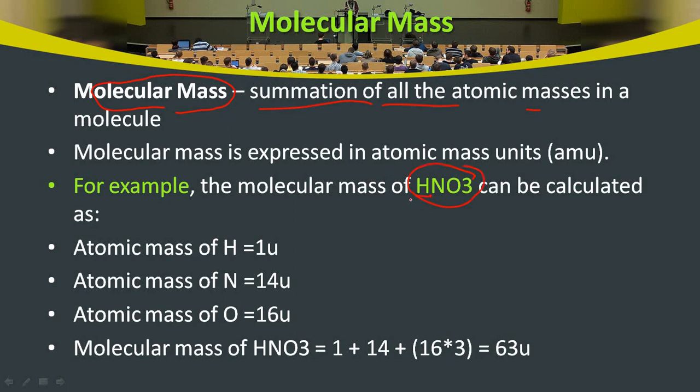The atomic mass of H is 1, nitrogen is 14 and oxygen is 16. If you put it in like this, 1 plus 14, and for oxygen, 3 is written, means 3 into 16. So 1 plus 14 plus 48, you will get 63 u. So this is called the molecular mass of HNO3.